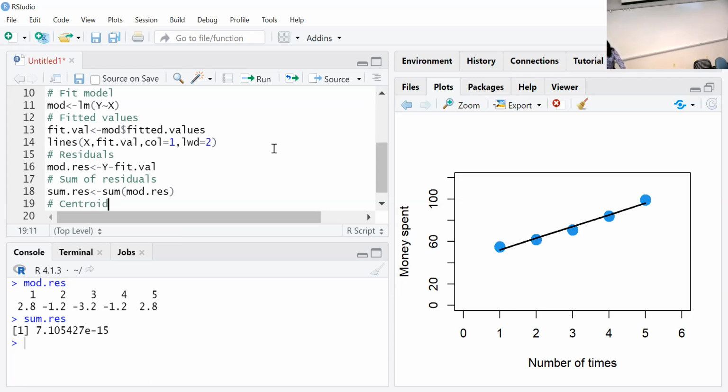Centroid is a fancy name. You might have heard of it in calculus 3. What is centroid? If it's just x bar, or if it's just y bar, we call it the mean, right? It's right in the middle, it's the center. But when you're looking at higher dimensions, more than 1, then you have a point, the coordinate pair, and we call that the centroid.